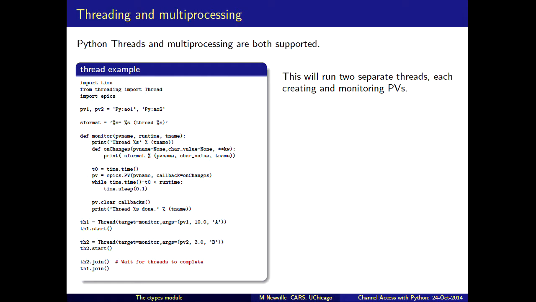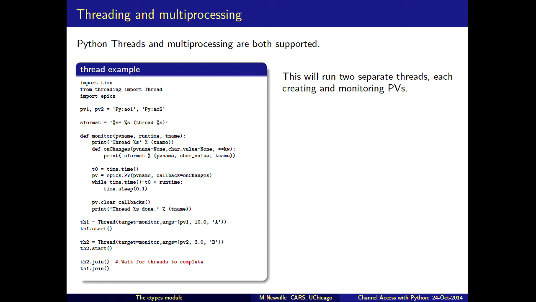So threading and multiprocessing. Threads and multiprocessing are both supported, at least to some extent. I'm not an expert on threading or multiprocessing, but both work within Python. Here you can set up a monitor.